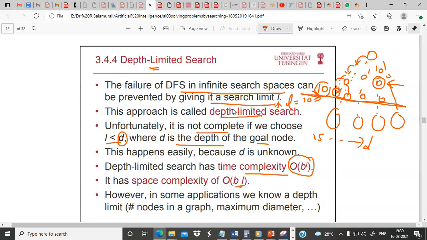Space complexity is order of BL, because everything is limited to depth L. Right? In the normal depth first search, time complexity is order of B to the power D, because D is the depth at which the solution is available, and space complexity is order of BM. But here we are limiting our search to level L or depth L, so it is order of B to the power L time complexity, and space complexity is order of BL.